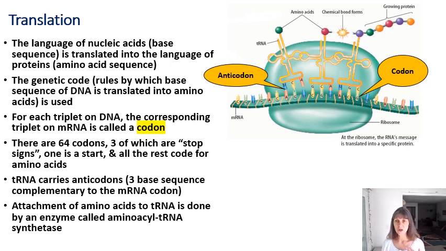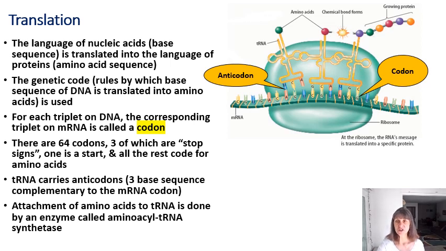In order for the amino acids to get to the ribosomes, there is yet another form of RNA required called transfer RNA. Transfer RNA has anticodons with complementary base pairs that match the codons on the messenger RNA.